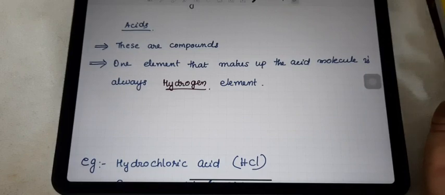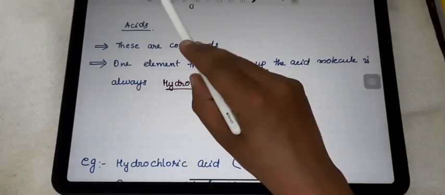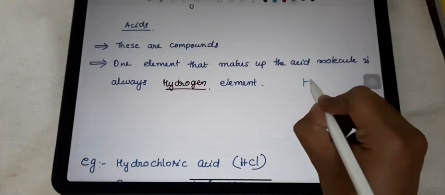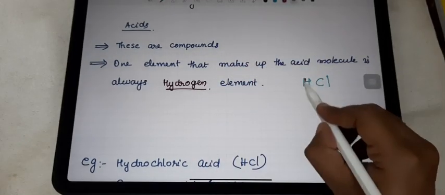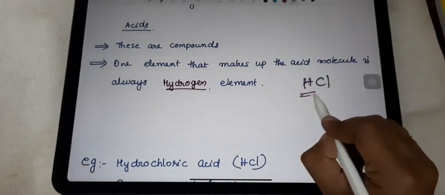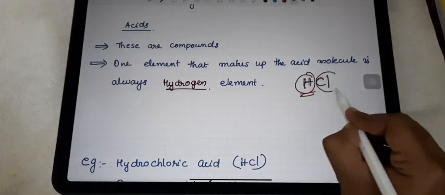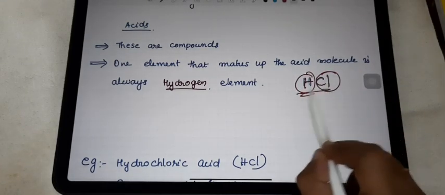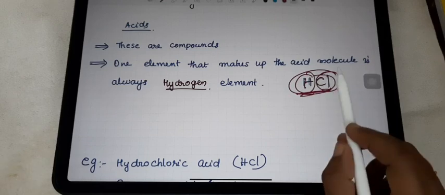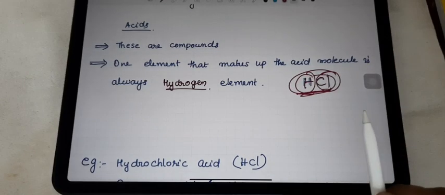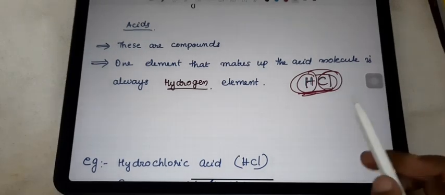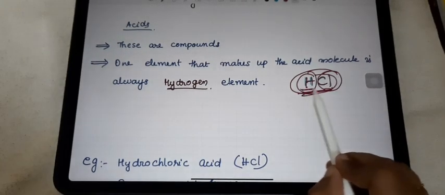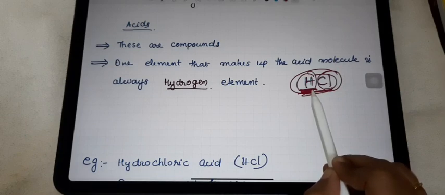There are a lot of acid examples. HCl: here one element is hydrogen and the other is chlorine. Due to the combination of these two elements, it results in HCl, the compound. HCl is an acid because it contains hydrogen.